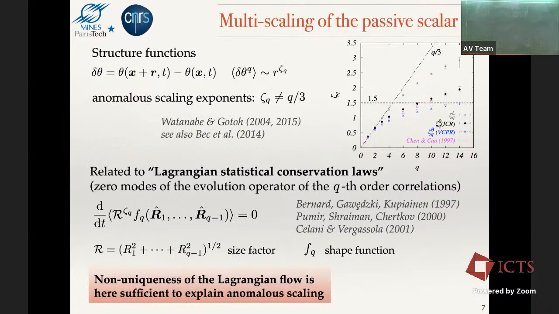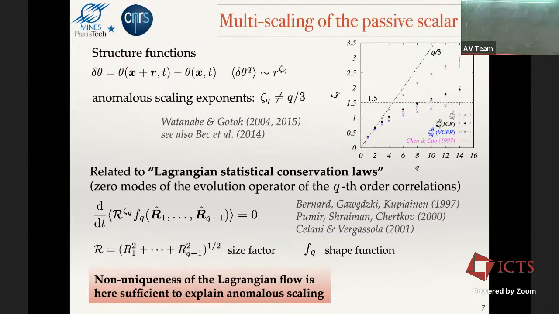And this operator acts on all these x1, ..., xn. So of course you can assume isotropy, homogeneity to simplify it. But what at the end you can show is that there are some preserved quantities which are called the zero modes, which are actually zero modes of this operator. Okay, which are solutions inside the kernel of the operator, which are such that L_n times this thing is 0.